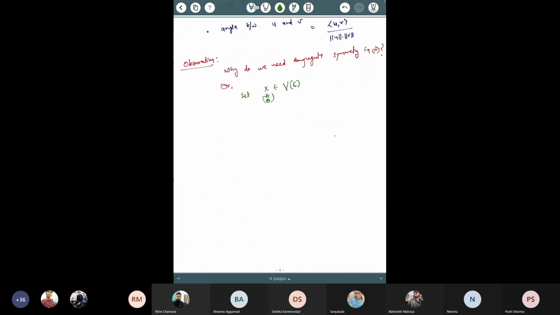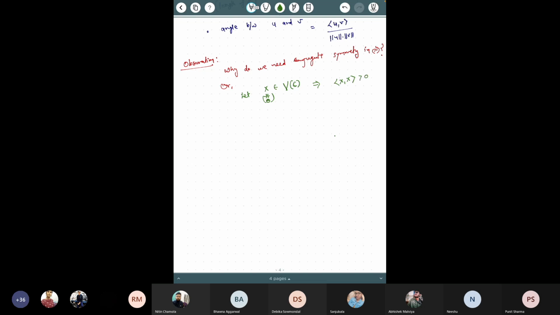The reason is that if I take any non-zero vector x here, then by the first property, the inner product of x with itself is greater than 0, because x is not equal to 0.